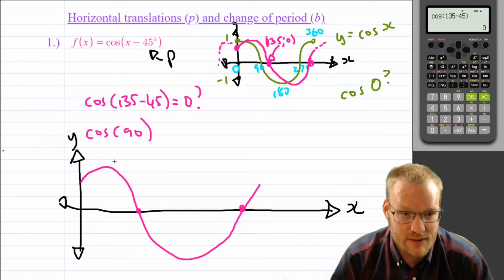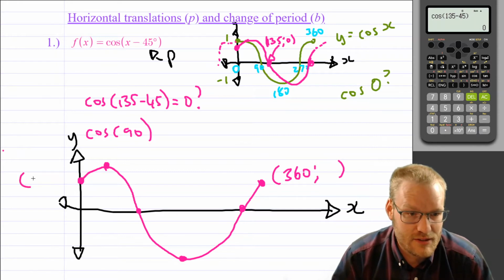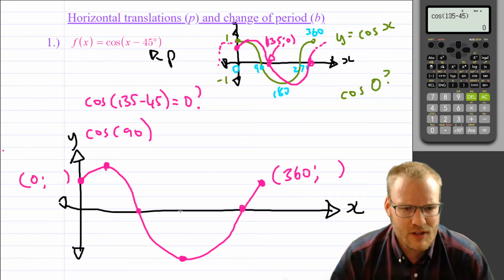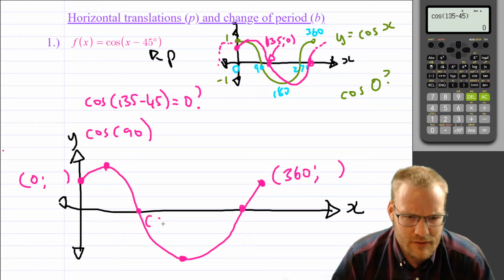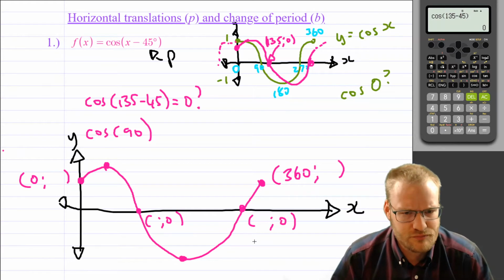We've got these intercepts. We've got an intercept here. We've got a high point, local maximum, local minimum, and the ending point. So this is going to be 360. This is x is 0. And we said, well, everything's just moved right by 45.